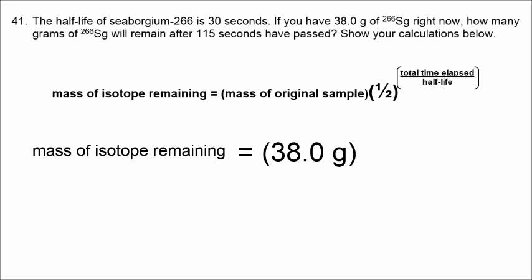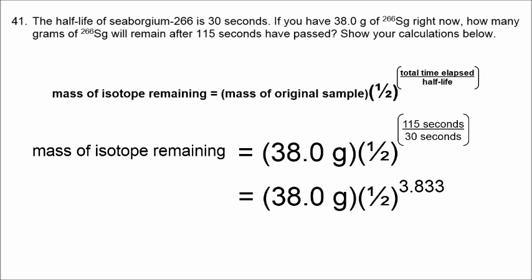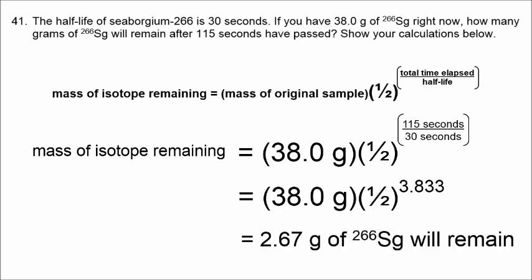The original mass of the sample was 38 grams, and the total time was 115 seconds divided by what one half-life is worth, and that's 30 seconds. If we do this math, we get 38 times 1/2 raised to the 3.833 power, and that will give us a final answer of approximately 2.7 grams of this radioactive isotope that will remain at the end.